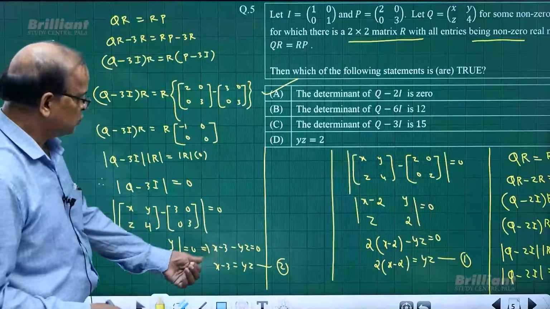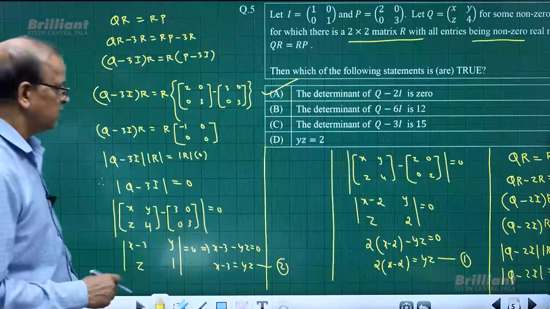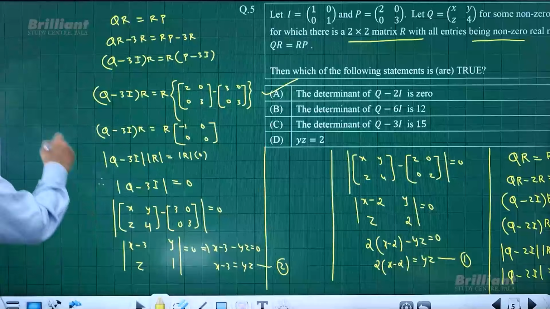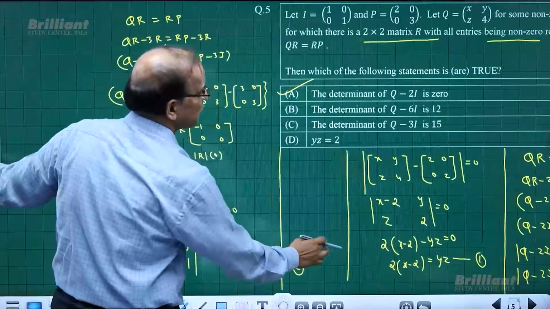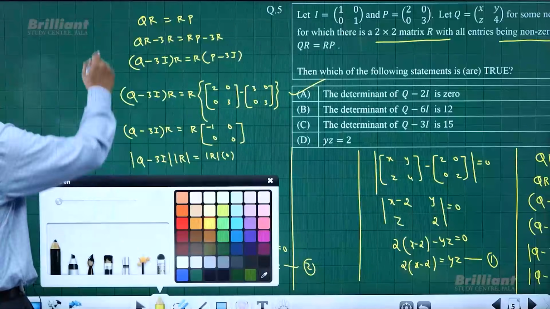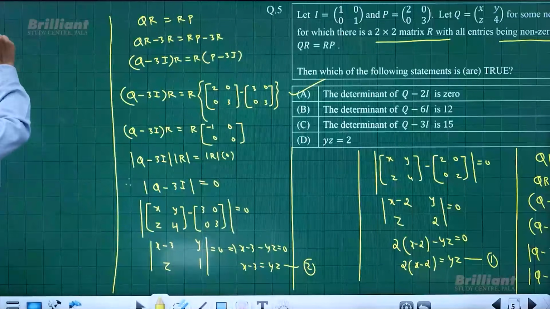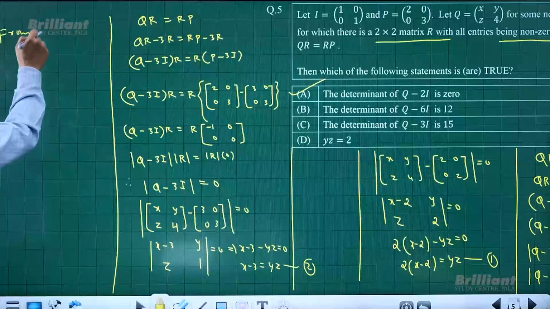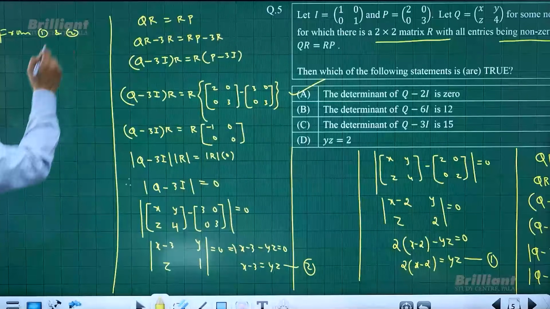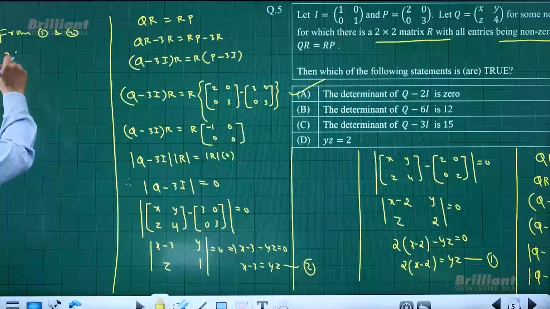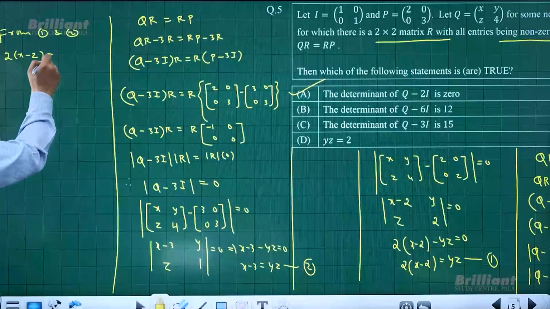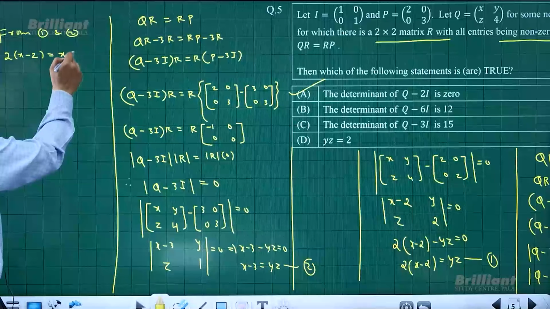So from 1 and 2 we will get the value of x. Equating these two, 2 times x minus 2 is equal to x minus 3.